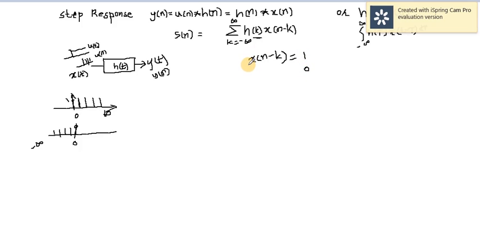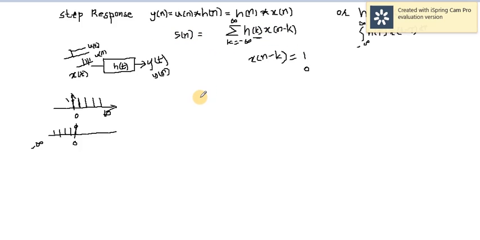When x of n minus k is equal to 1, then the summation is k from minus infinity to plus infinity, just h of k, because x of n minus k is 1. And when x of n minus k's value is 0, that time this s of n is equal to 0.